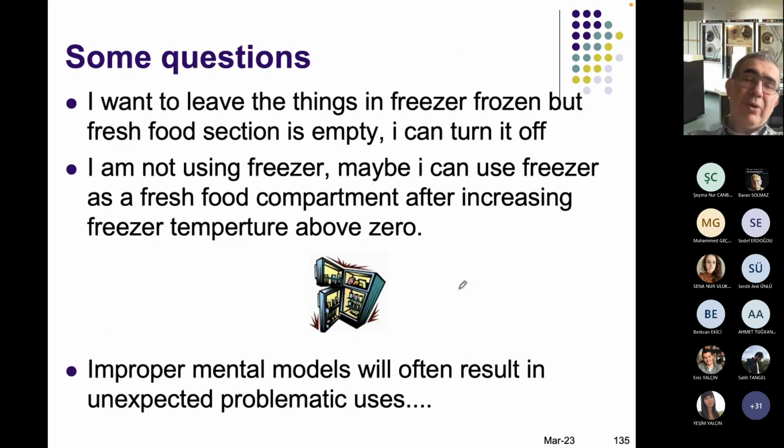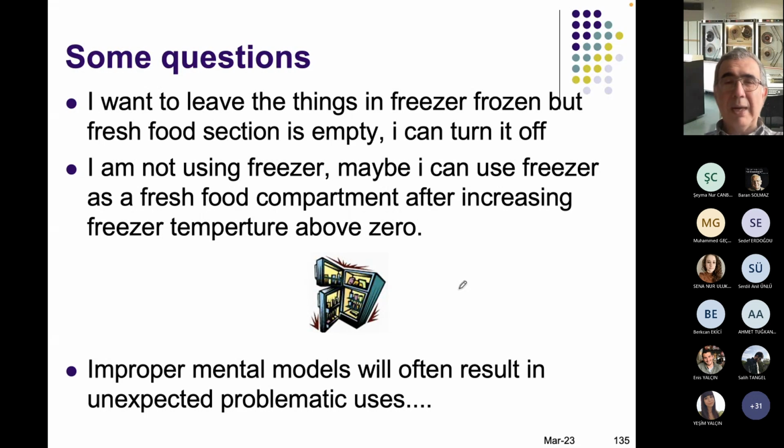So there are some questions. One question is, I want to leave the things in the freezer frozen, but the fresh food section is empty. So can I turn it off? I am going on holiday, for example. Only the freezer. Probably yes.